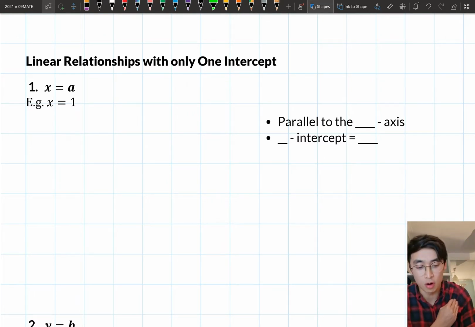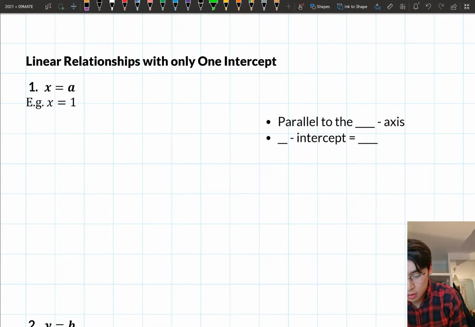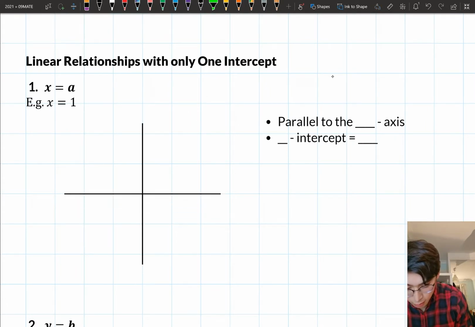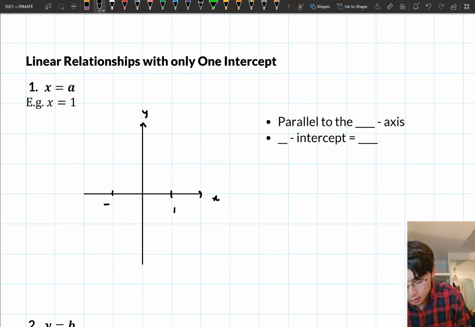Let me draw up my Cartesian plane again here. Let's say we have a few values on here. We've got x and we've got y, and let's say 1 is here, -1 is here, 1 is here, and -1 is here.